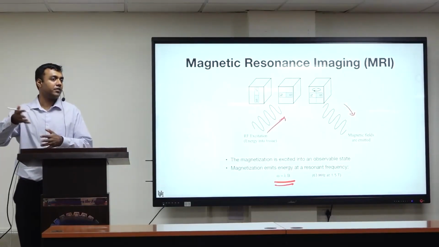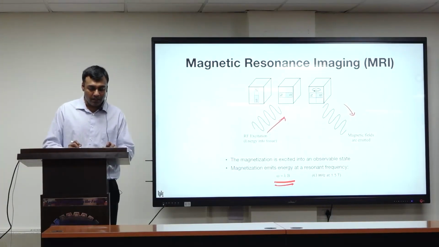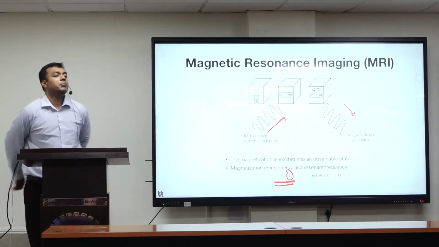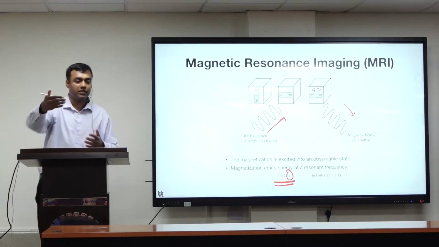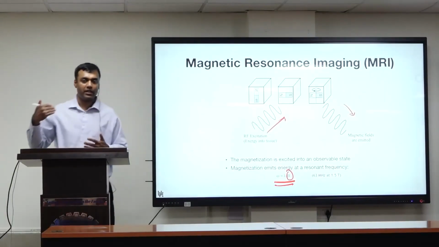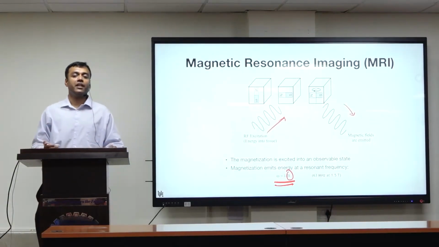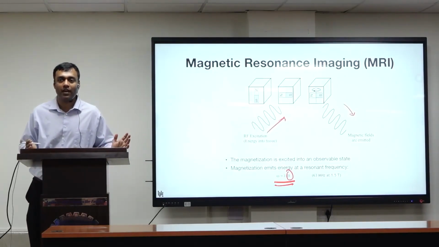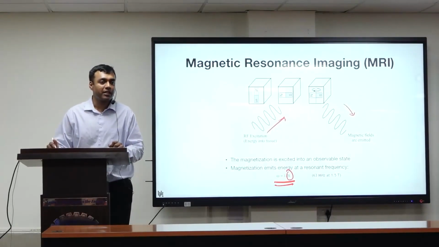You measure the frequency of this radio wave. The important thing is that the frequency that comes back is proportional to the magnetic field. So the higher the magnetic field you apply, the bigger the frequency that comes back. So how do you make a 3D imaging instrument from this fact?